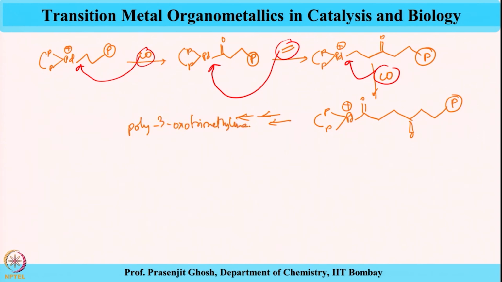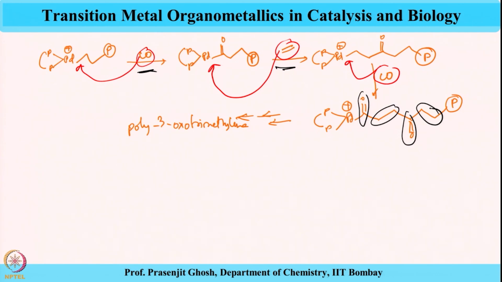So, these are polyketones. Now, what is interesting here is the fact that both CO and ethylene are undergoing insertion alternatively. So, for example, here, it is sequential alternating insertion which is happening.